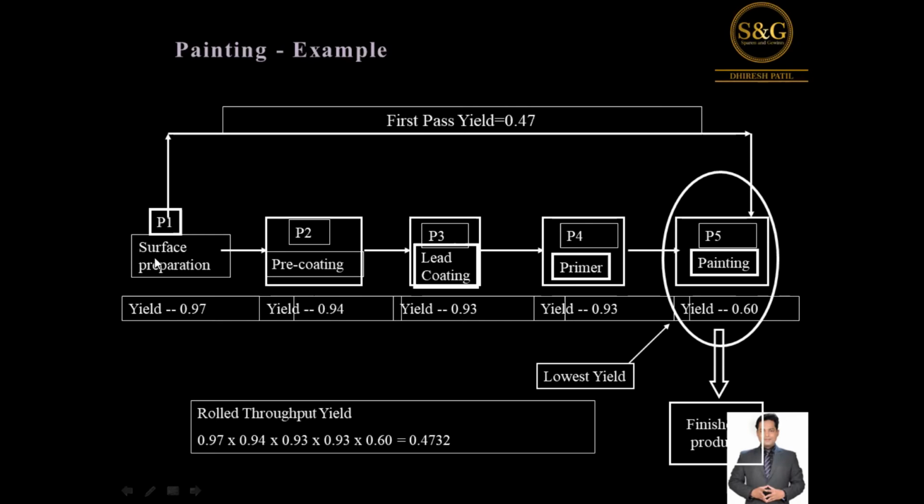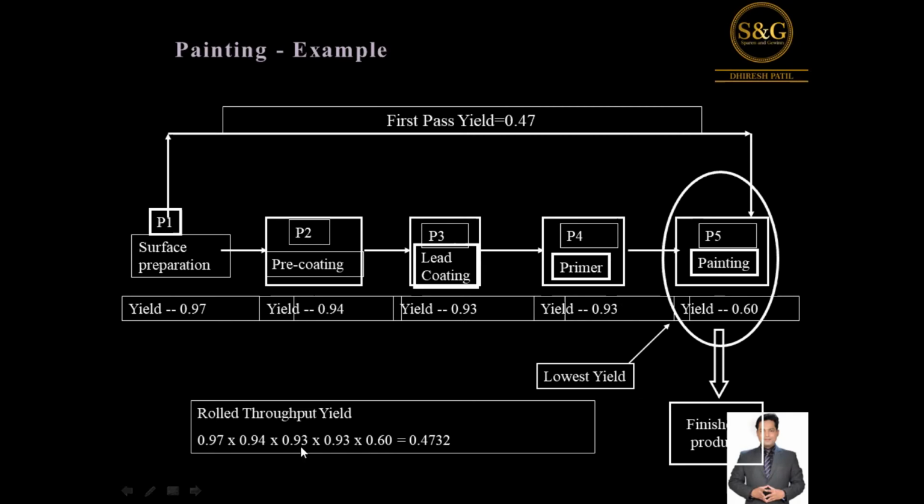Now if I want to calculate the rolled throughput yield of this entire cycle: rolled throughput yield is nothing but P1's yield multiplied by P2's yield multiplied by P3's yield multiplied by P4's yield multiplied by P5's yield. The calculation is given below: 0.97 multiplied by 0.94, multiplied by 0.93, multiplied by 0.93 again, and the final painting process, which has the lowest yield of 0.60.